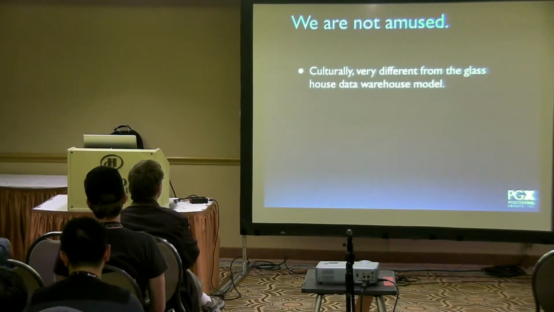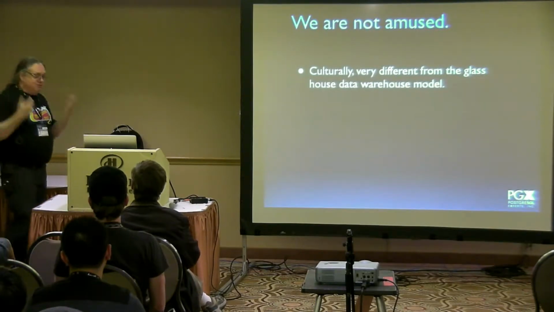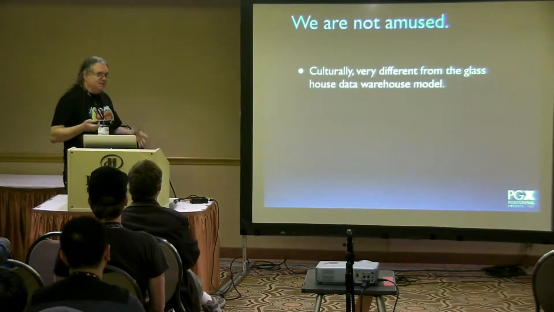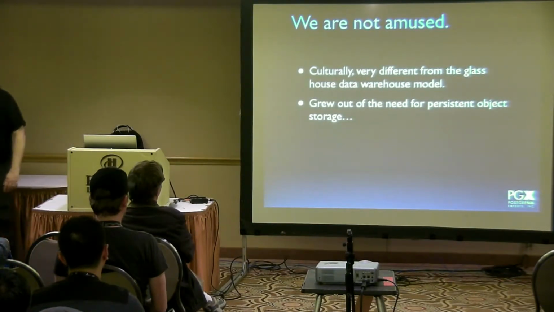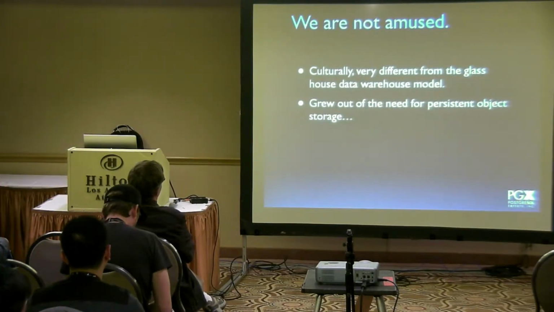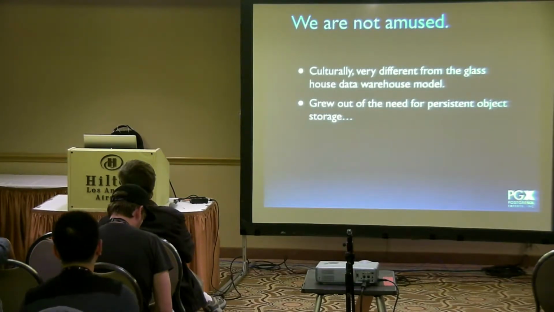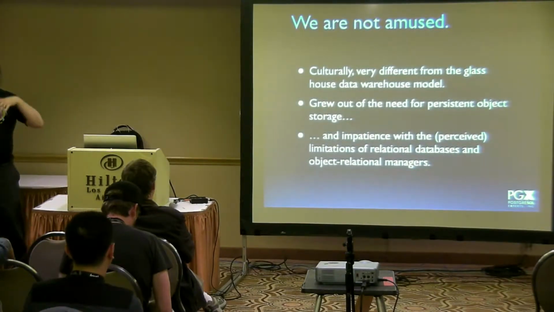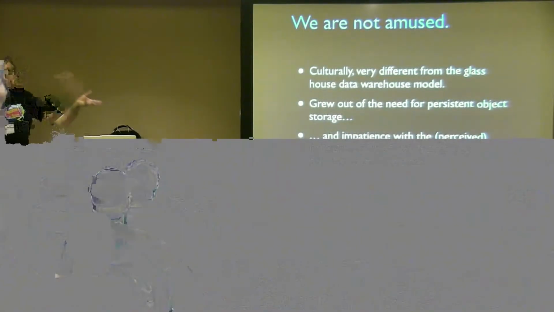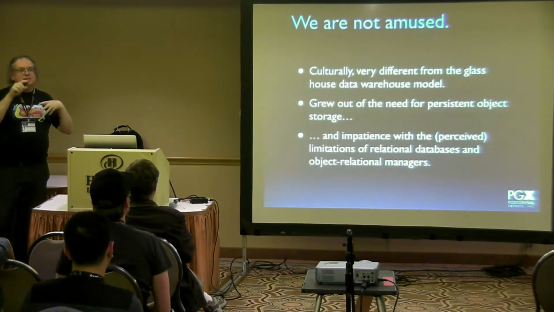It's really different from the old glasshouse model, where you had the priesthood who managed the schema, and if you did the right rituals, you were allowed access to the data that you put in there. Largely, these schemaless databases grew out from the people who were writing things in Python or Ruby, on Django or Rails. And I'm a Django guy. I love Django. And they needed to cram this stuff into a database. And then someone came along and said, great, but then you have this mapper and you map it to that, and that doesn't quite work the way the object is.